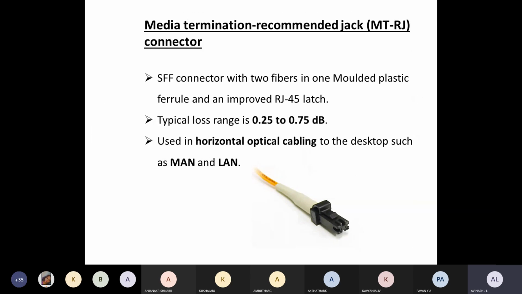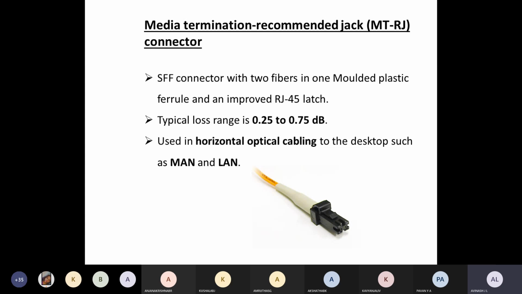Next is media termination, that is MTRJ. MTRJ means media termination and recommended jack connector. It is an SFF connector with two fibers in one molded plastic ferrule and an improved RJ45 latch. That is one of its features. The typical loss range is 0.25 to 0.75 dB.